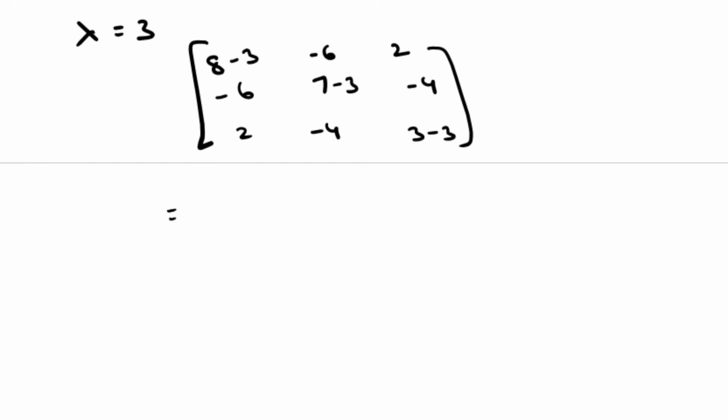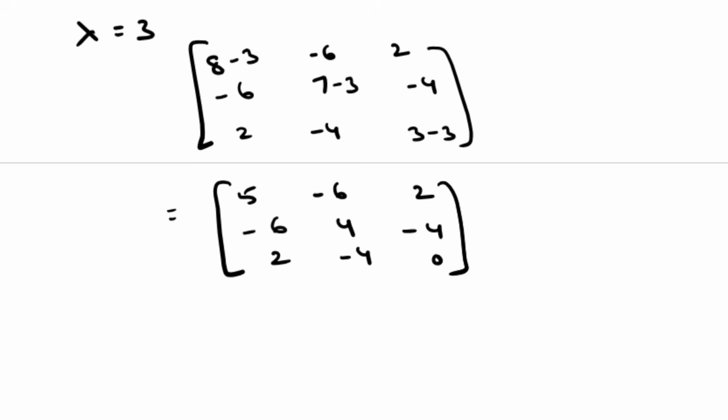Therefore the corresponding matrix is 5 minus 6 2; minus 6 4 minus 4; 2 minus 4 0. By using row transformations, R2 implies R2 by minus 2 and R3 implies R3 by 2.